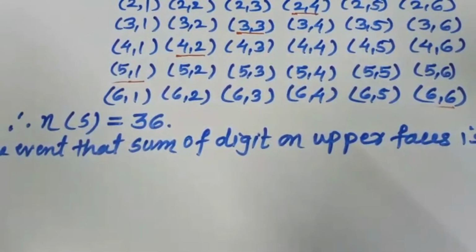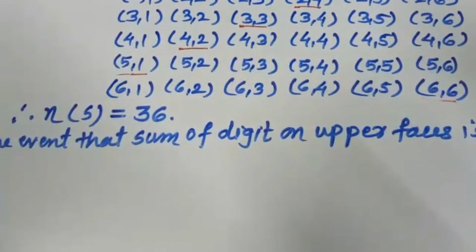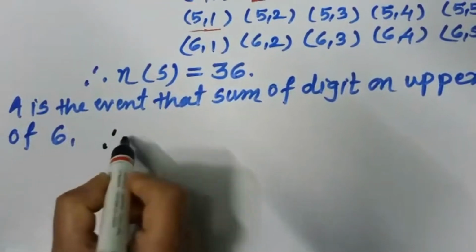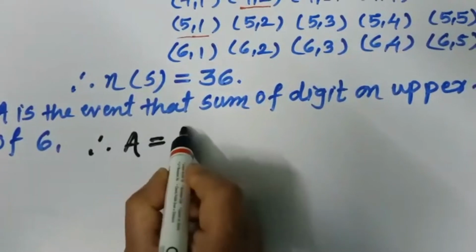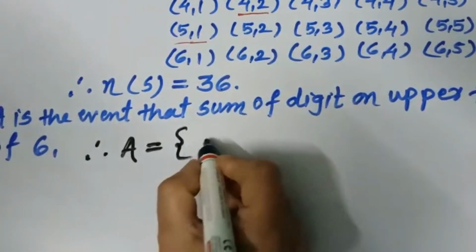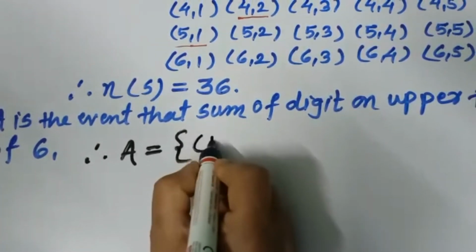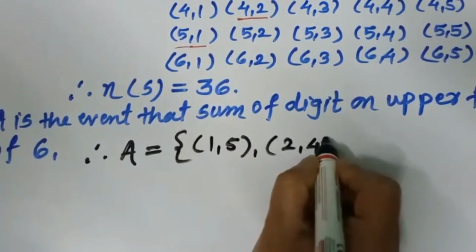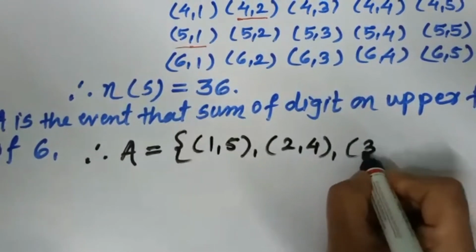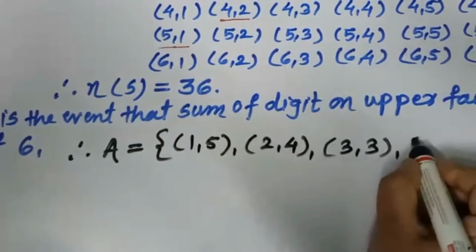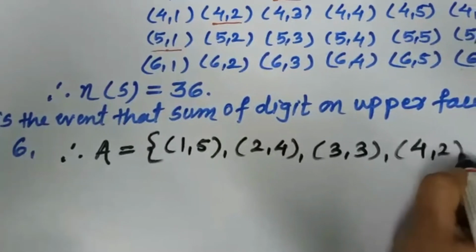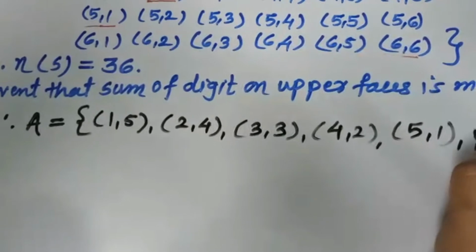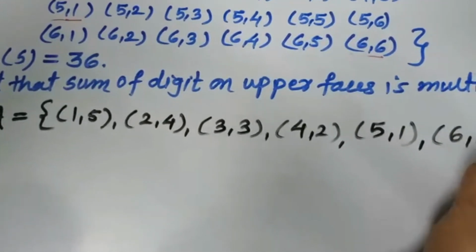Means these points will come in that event A. So write: therefore A is equal to the event of which points? First (1,5), after that (2,4), from the third line (3,3), from the fourth line (4,2), the fifth line (5,1), and the last line (6,6).